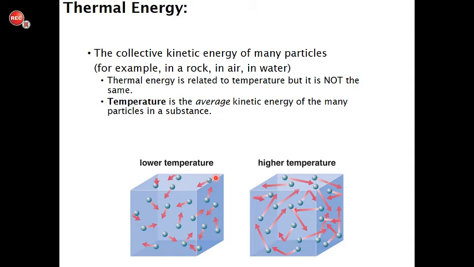If the average particle is moving very fast, it probably has a lot of kinetic energy in the material. So we define temperature as a way of talking about the average kinetic energy of a particular particle in the system. We average over all of them. In the picture here, stuff that's moving at low speeds has low temperature. Stuff that's moving at high speeds has high temperature.